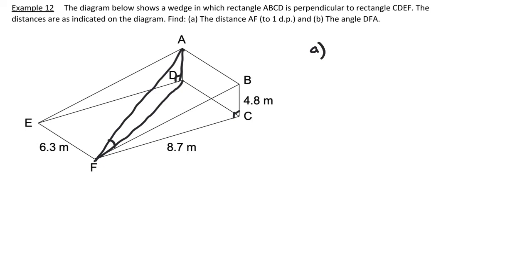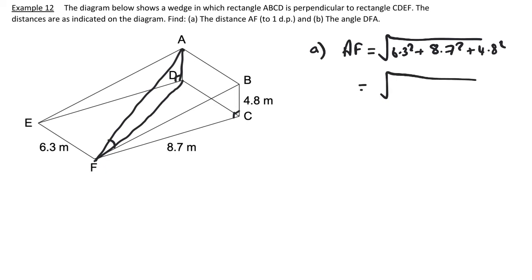So AF is going to be the square root of 6.3 squared plus 8.7 squared plus 4.8 squared, which is the square root of 138.42, which is 11.765 or 11.8 meters to 1 decimal place.